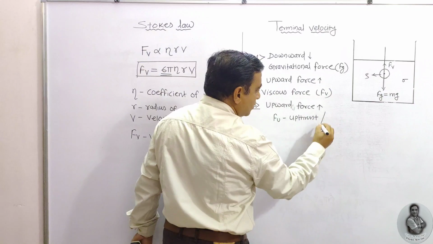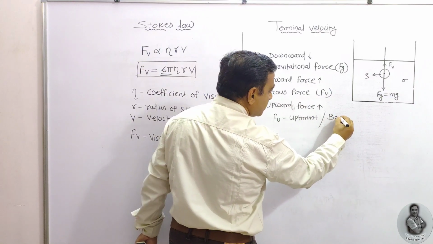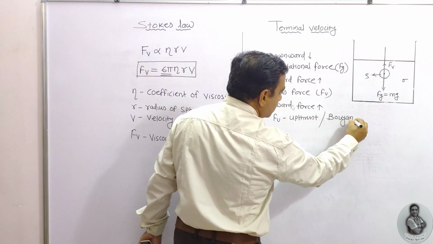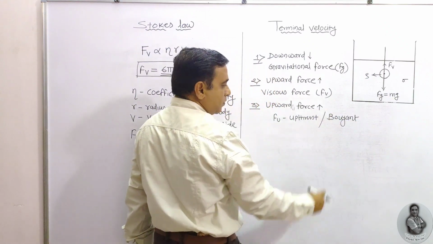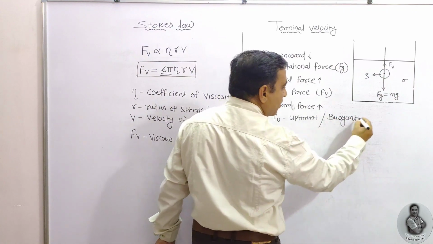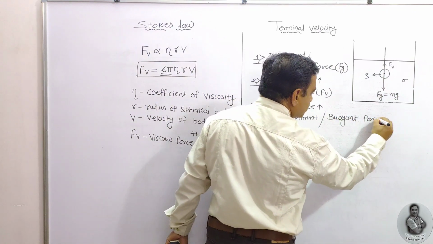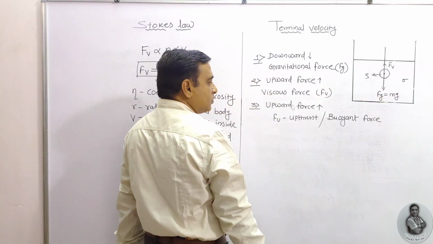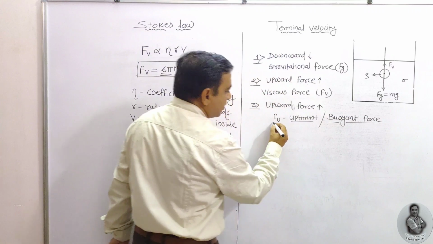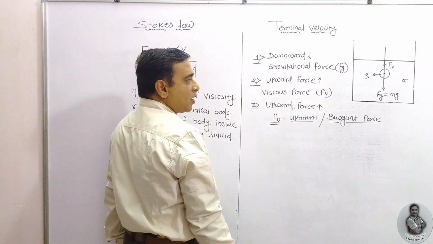or this upthrust is also known as buoyant force. Buoyant, B-U-O-Y-A-N-T force, or upthrust, denoted by the symbol Fu.